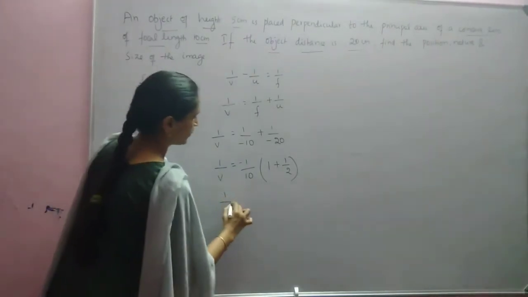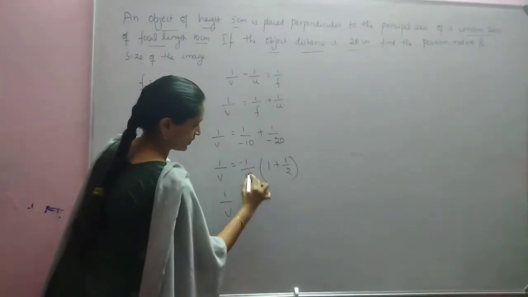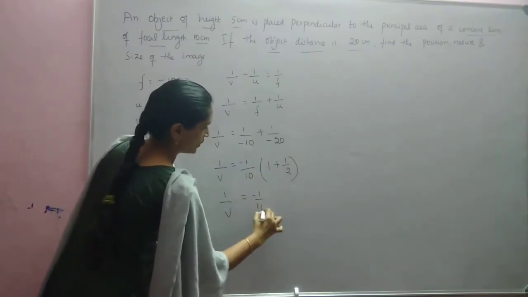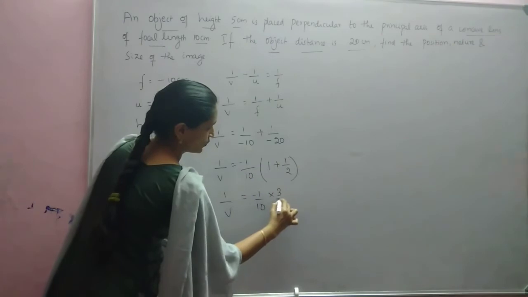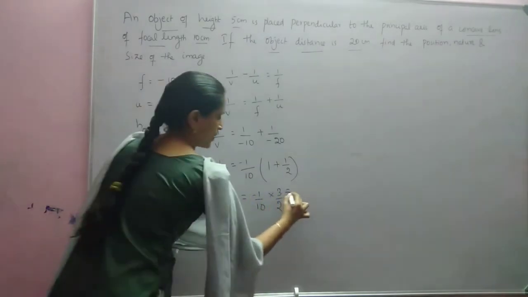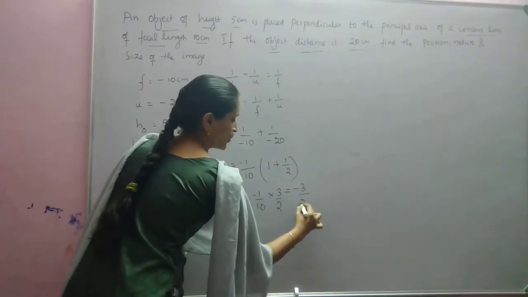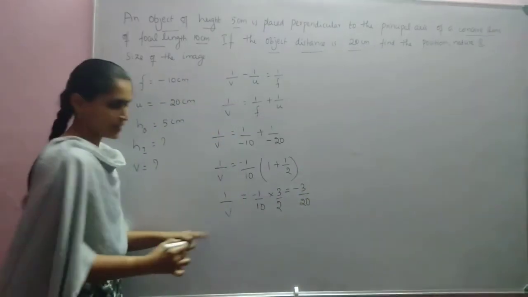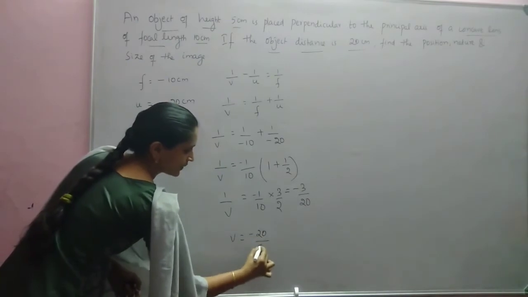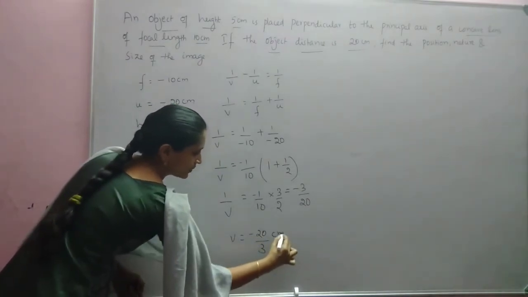So 1 by V is equal to minus 1 by 10 into 3 by 2, which is minus 3 by 20. That is 1 by V. So V is equal to minus 20 by 3 centimeter.